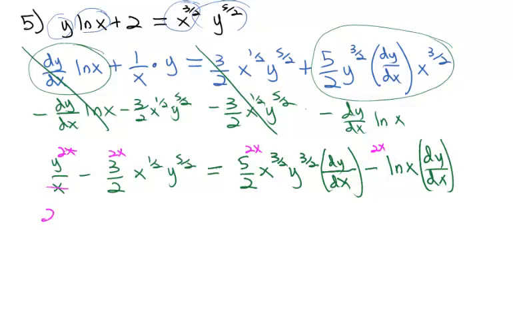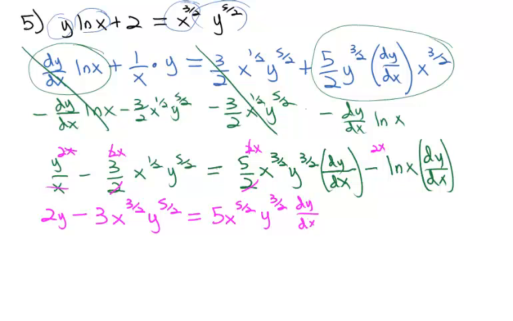So the x's are gone, and we have 2y minus 3 x to the 1/2 plus 1, which is x to the 3/2, y to the 5/2 equals, the 2's are gone, so we've got 5 x to the 3/2 plus 1, which is 5/2, y to the 3/2 dy/dx, minus 2x natural log of x dy/dx.